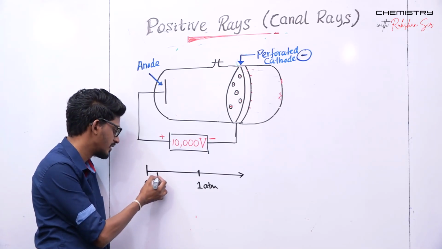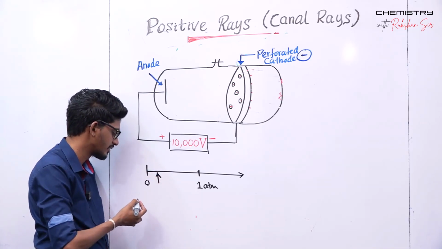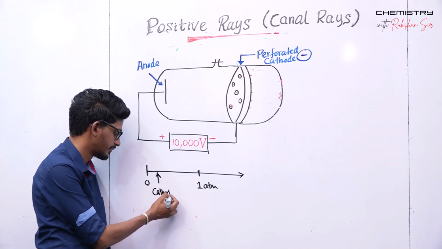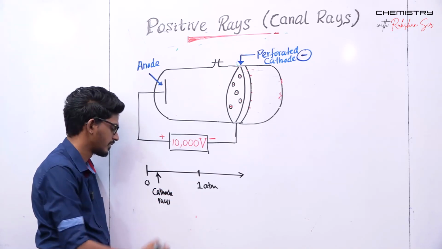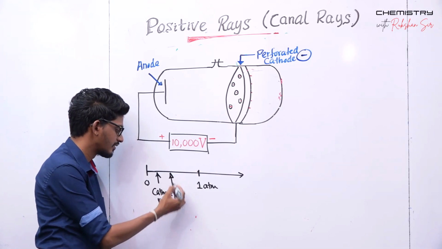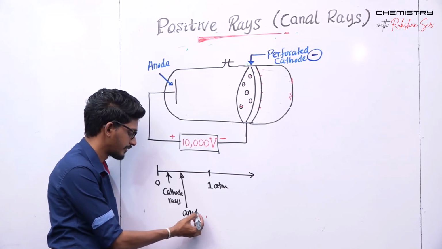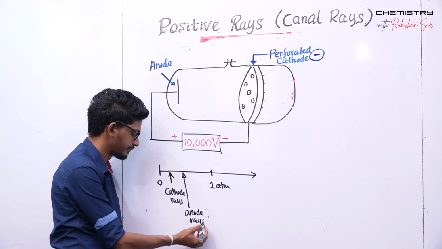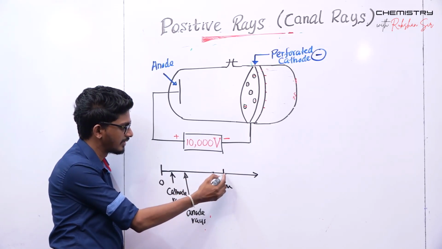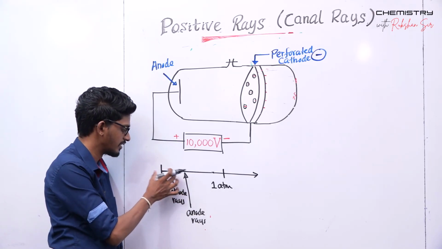If the pressure used in the cathode ray tube is like this, for the cathode ray situation, the pressure we are using for the anode rays, the positive rays, is like this. Still keep it in mind, it is still a low pressure, near to 0.